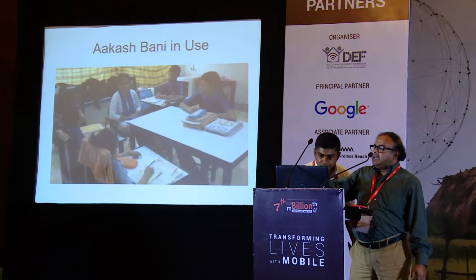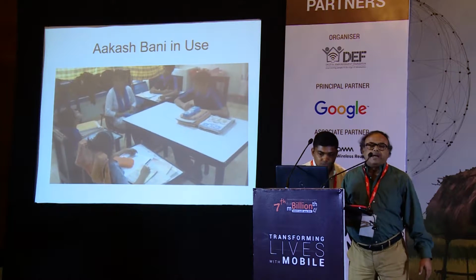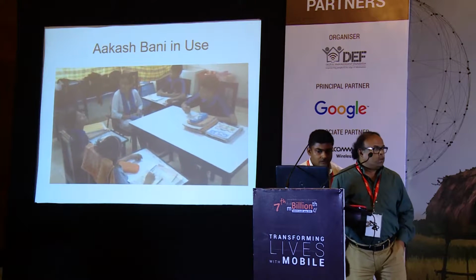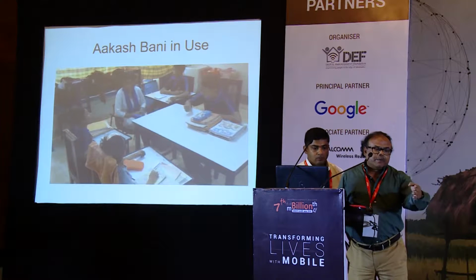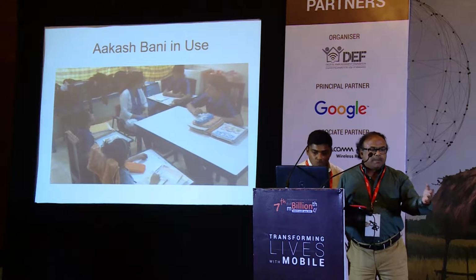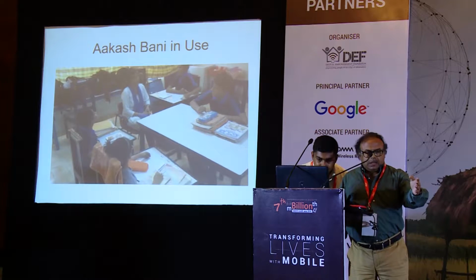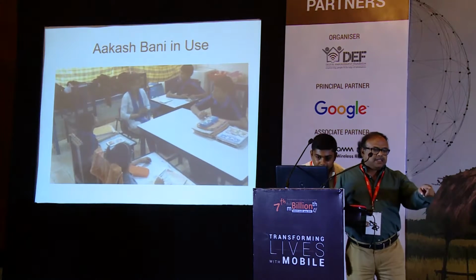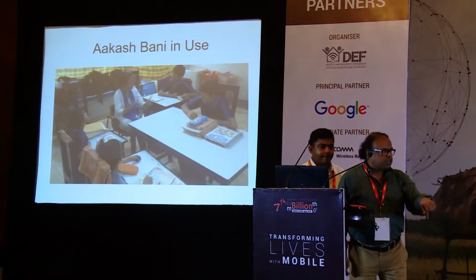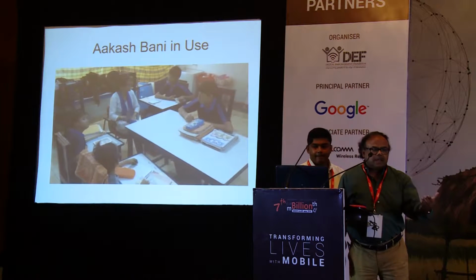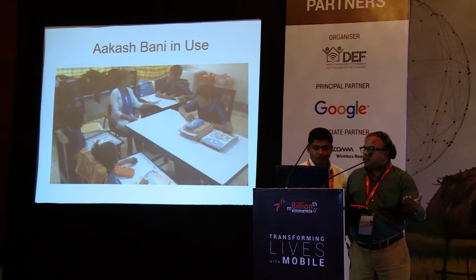Now here you can see that Akash Bani is being used by children in a school, where there are different categories of children. Some are speech impaired. The one on the left is using Akash Bani to answer questions.